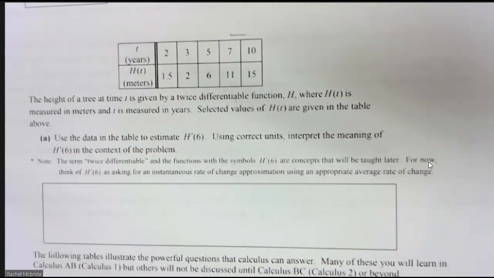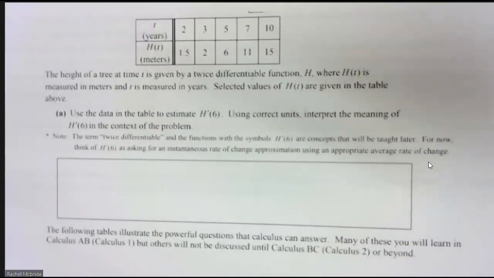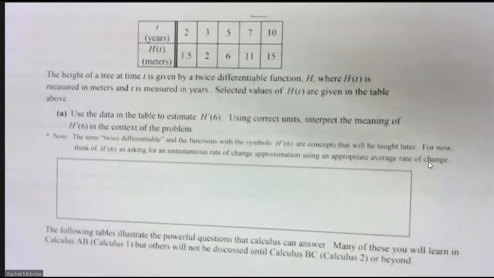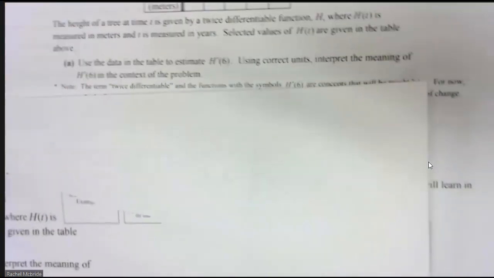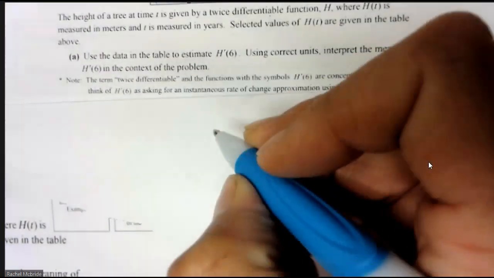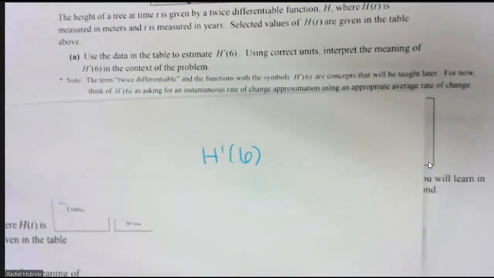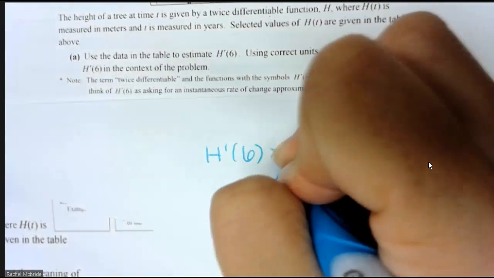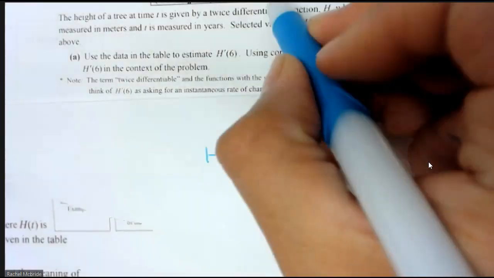So what we're going to do is use that information to find the derivative. So h prime of 6 is equal to the value to the right of 6.